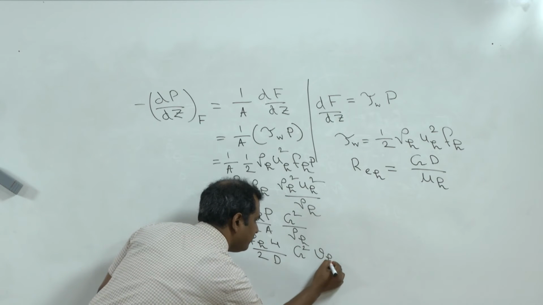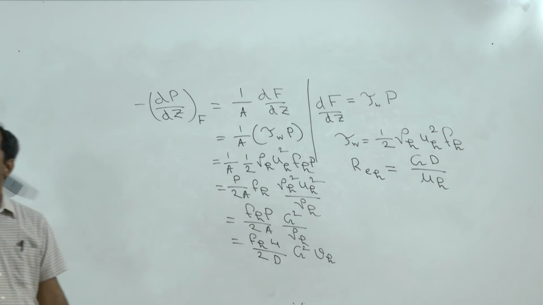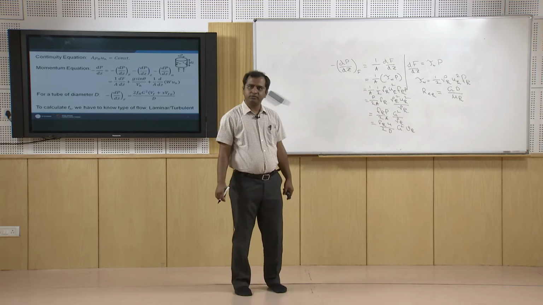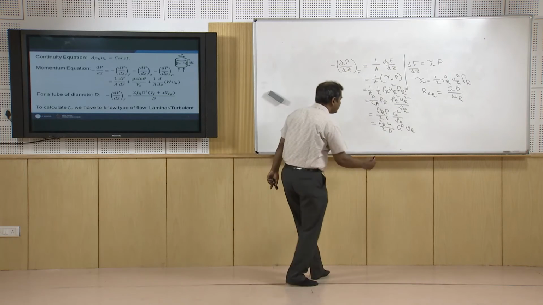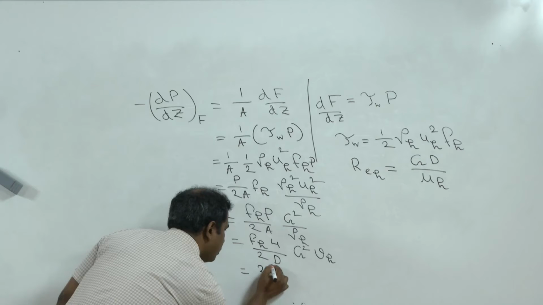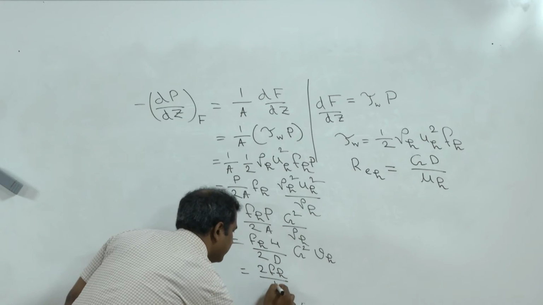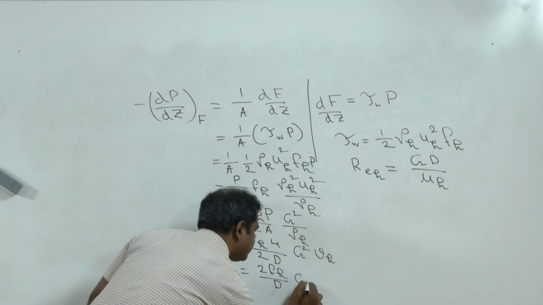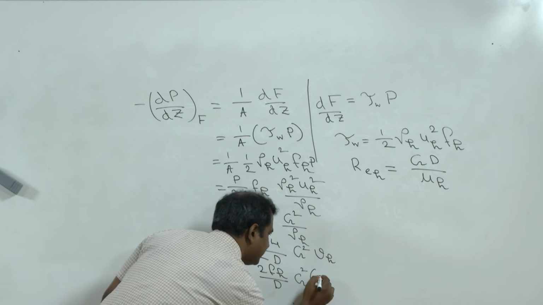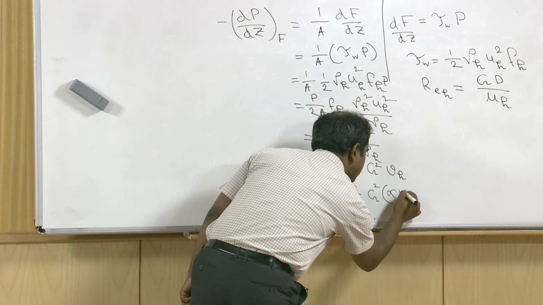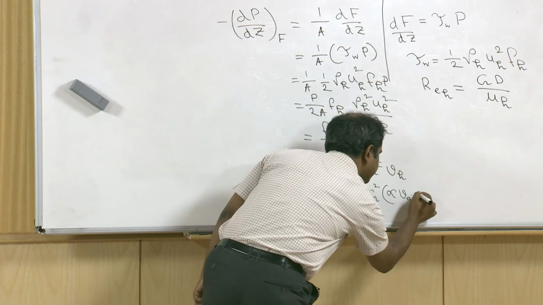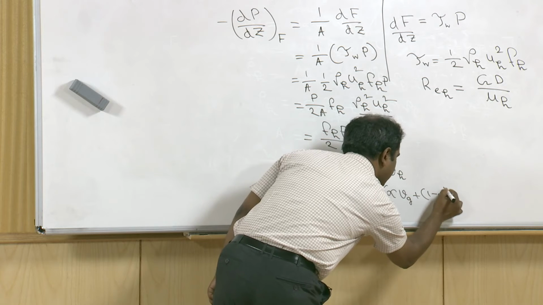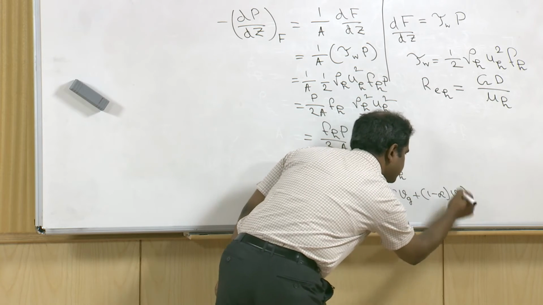we can write as small v_h, which is nothing but the specific volume for the homogeneous flow. So, here we are getting 2 f_h by d into G squared, and v_h can be written as alpha into v_g plus 1 minus alpha into v_f.